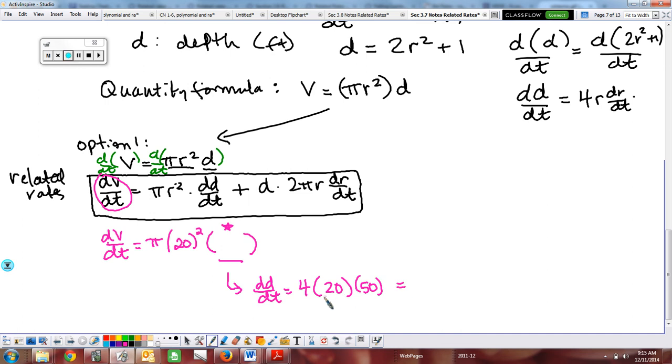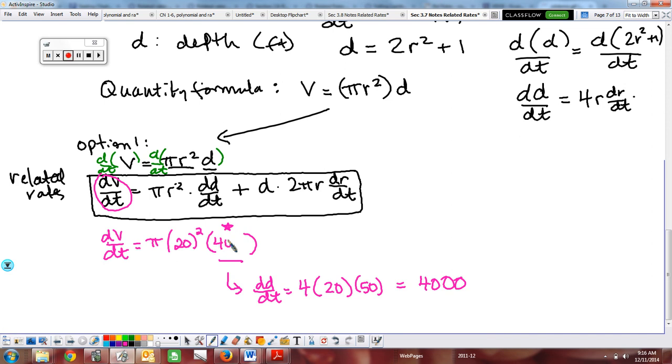So that's going to give me 80 times 50. Is it 400 or 4,000? I always get to these things and then wonder. So we have 80 times 50, that's 4,000.